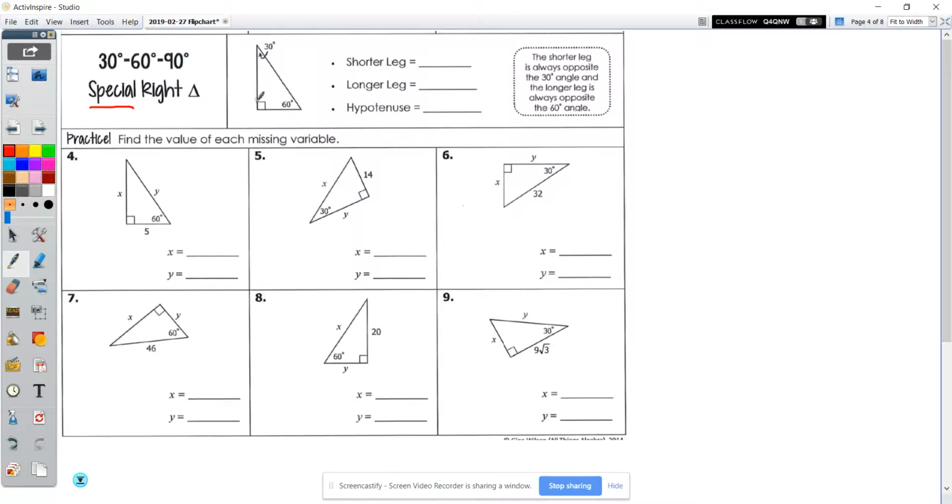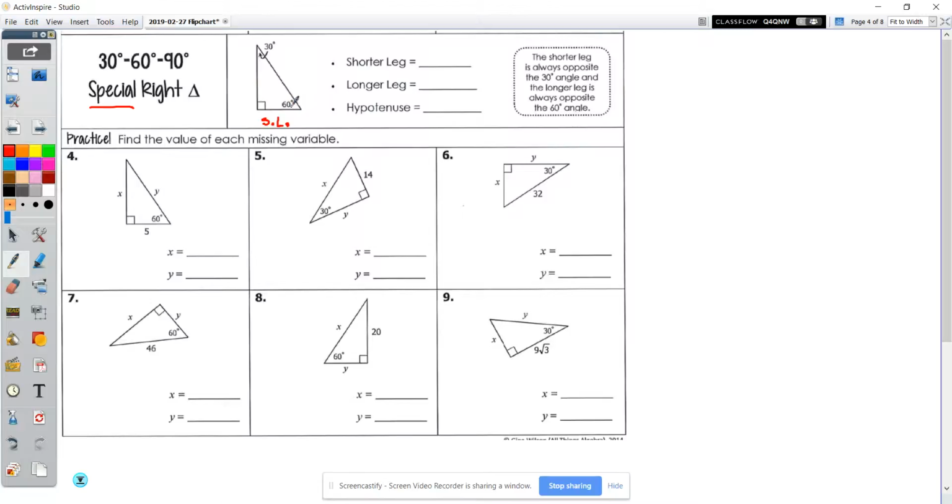Notice that when we're looking at a triangle like this, because the two angles that are not the right angle are not the same size, the legs are different sizes. The one opposite the 30-degree angle I'm going to call the short leg, SL.